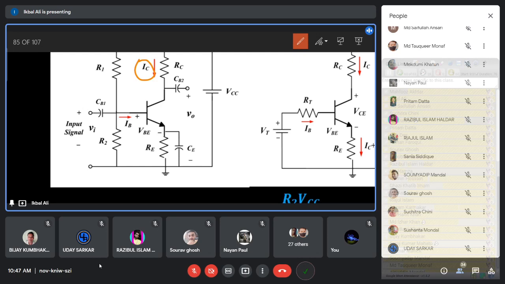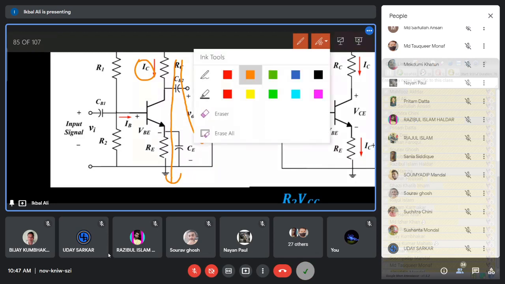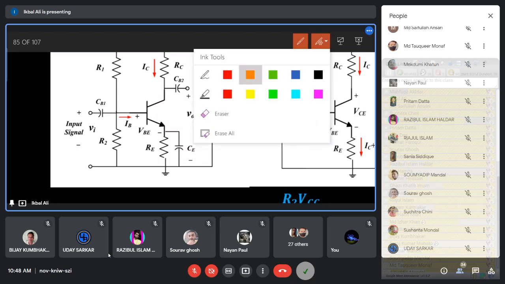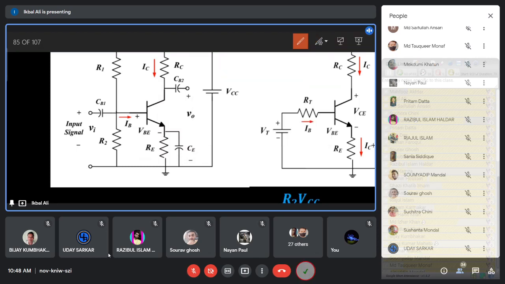That collector current also flows through this emitter resistance and goes to the ground. In this way, the collector current is flowing in this loop. The collector current also flows through the resistance RE.